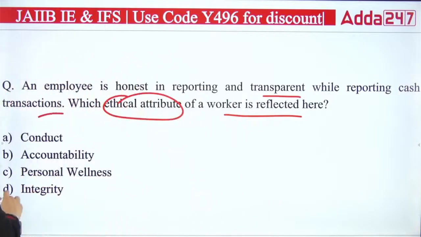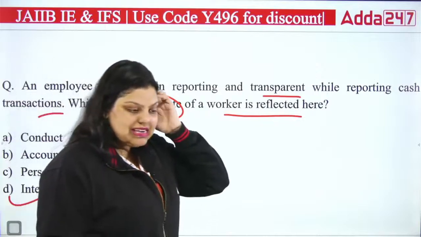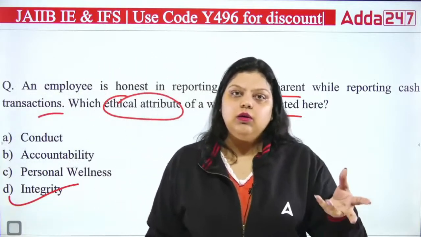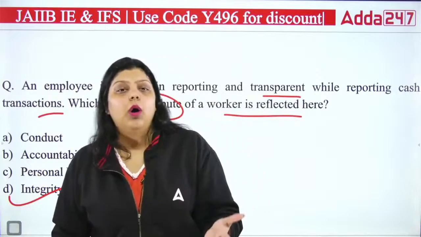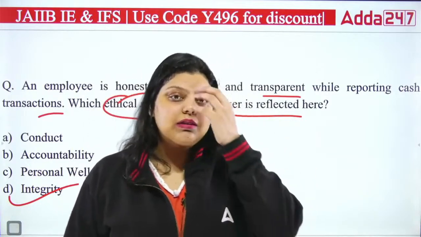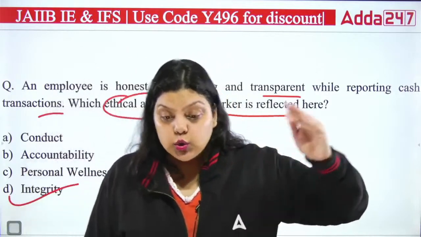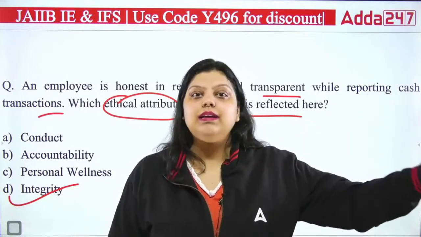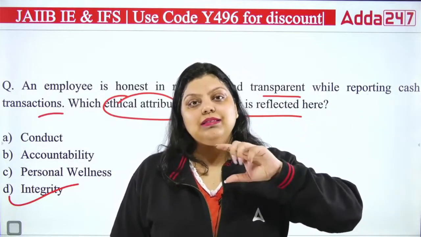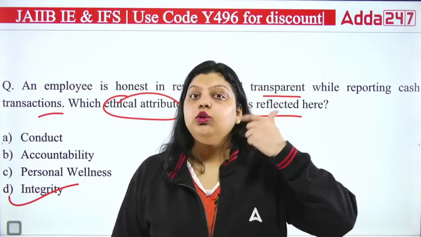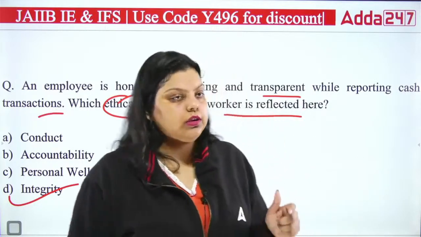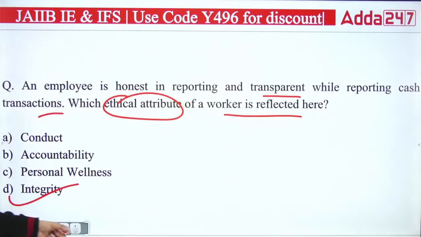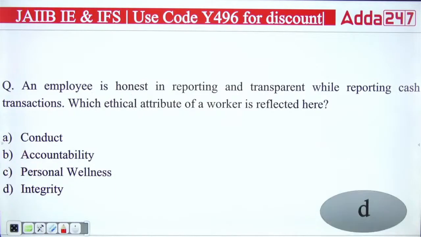So the right answer will be D. So you are a person of integrity. The meaning of integrity is honesty, you are doing the right thing. But in institutional or organizational form, we do not use the word honesty, we use the word integrity. So the right answer is D.